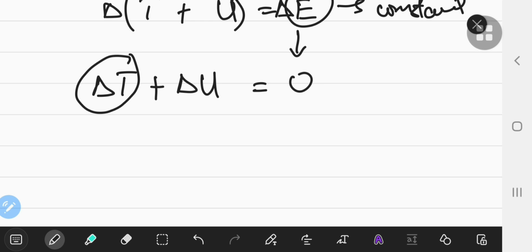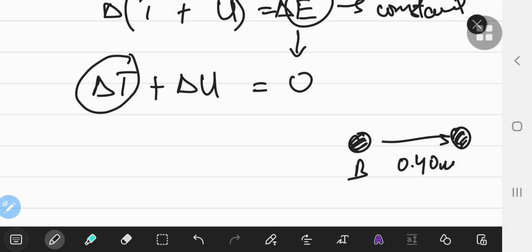So once it moves from its initial position to some place 0.40 meters to the right of the initial position, initially its speed was 0, it was at rest, and I'm interested in figuring out the final velocity v.